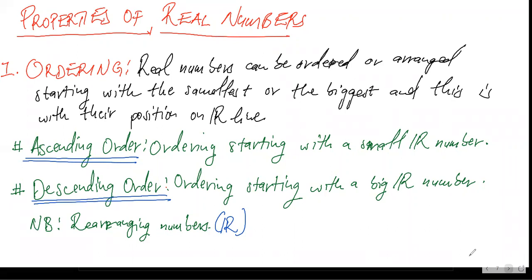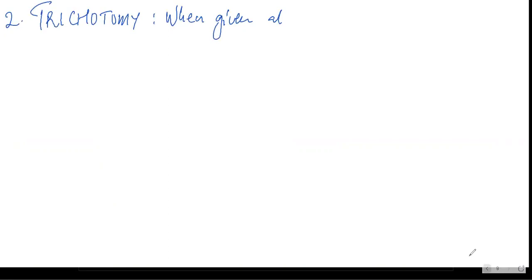The second property is the law of trichotomy. Oh, I skipped the page, I'm sorry about that. Trichotomy implies that, given any two real numbers, those numbers can be arranged in 3 different forms.